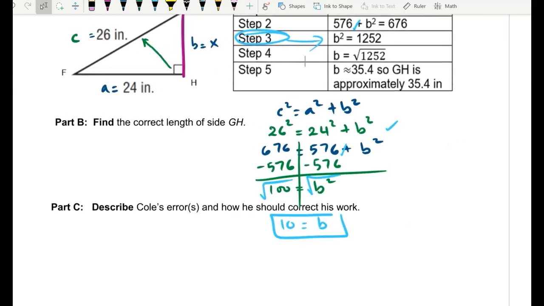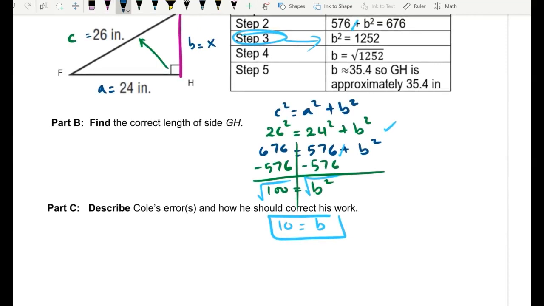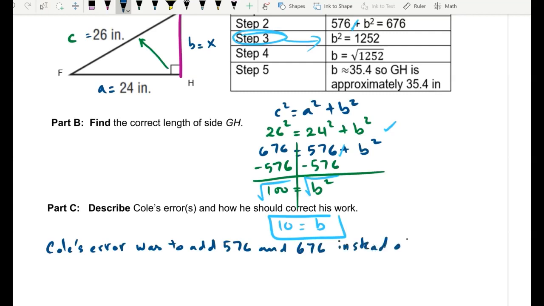In step 3, I would say Cole's error was to add 576 and 676 instead of subtracting those numbers.